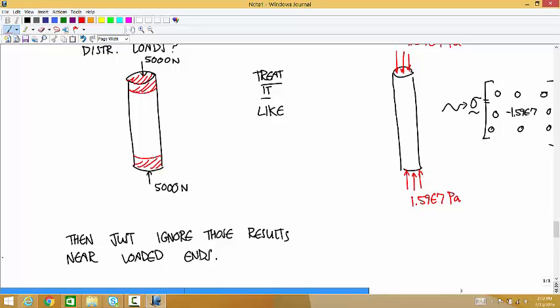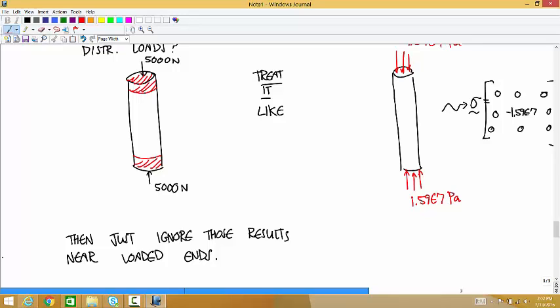Any questions about that? Okay, and so one kind of problem that we're going to do now is, since now we have a way to calculate stresses in members that are in pure tension or compression, we can work on problems involving trusses, because every member of a truss is in pure tension or compression.